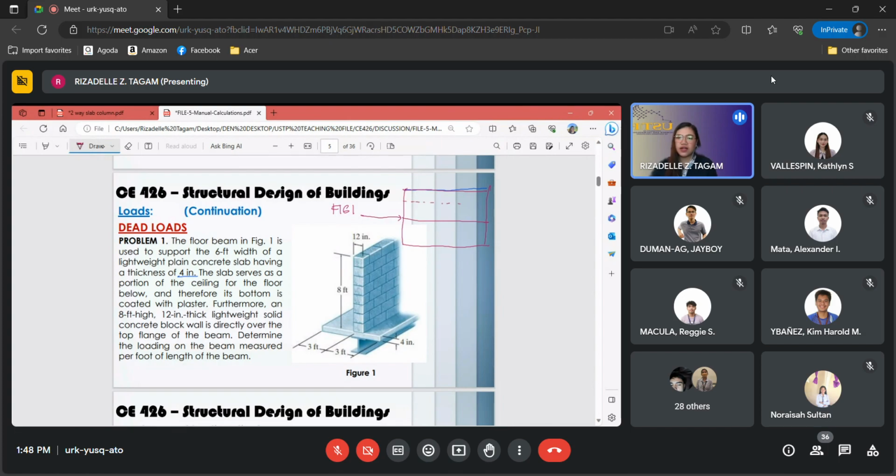So, this is the tributary area that the beam will carry.